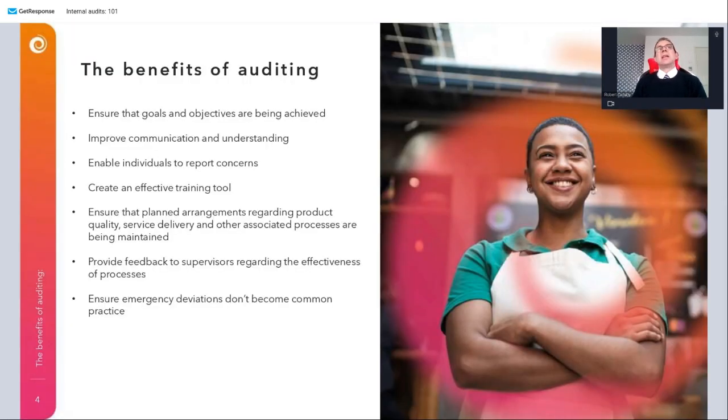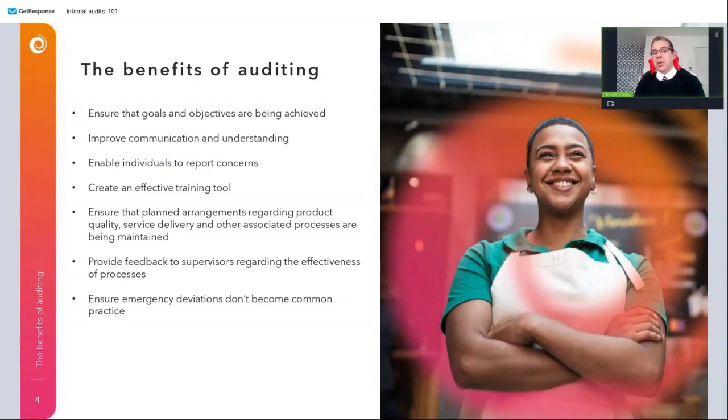The benefits of auditing effectively can check many areas of your business. Many businesses deliver processes, for example, for customer services. It will aim to check whether your overall organizational goals are being achieved, and also your management system goals and improvements.